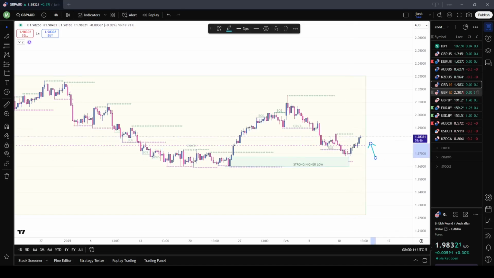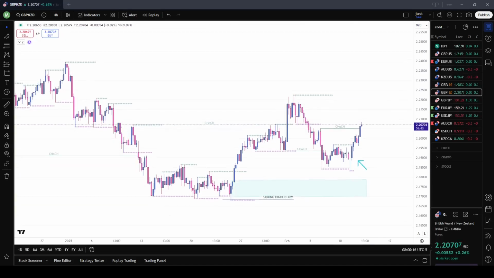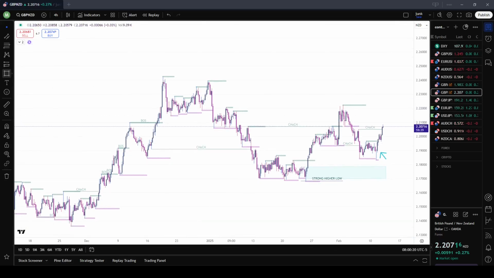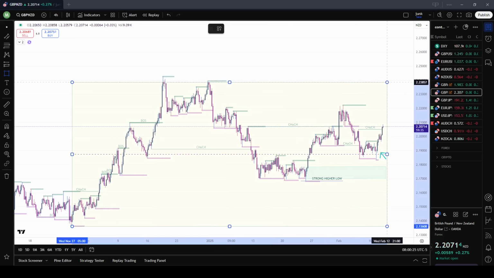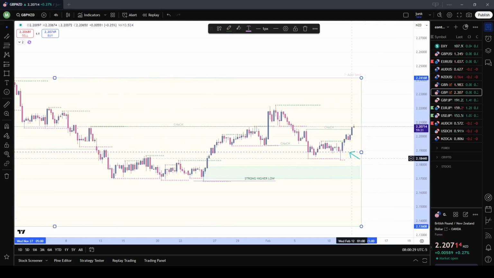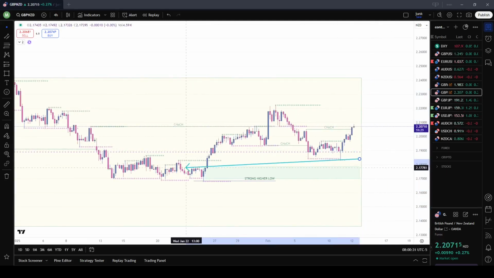And let's go to GBP NZD. Similar situation from the daily perspective. Let's go ahead and map out the range. Pull back into discount, started pushing up, came back in, looking to see what would happen in this range, because this didn't pull back completely into the demand zone like the GBP AUD.